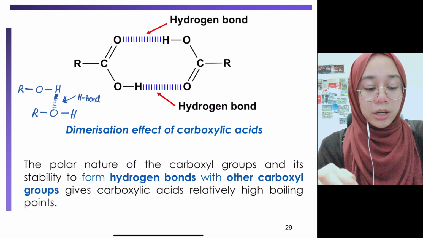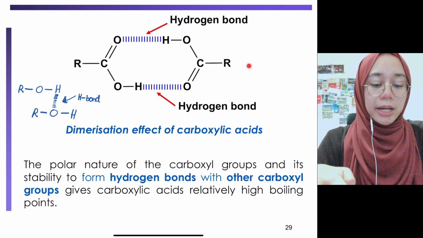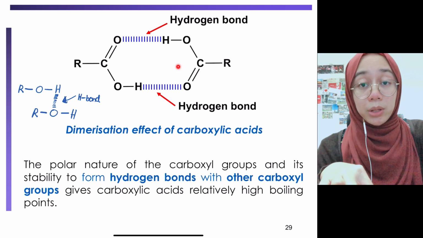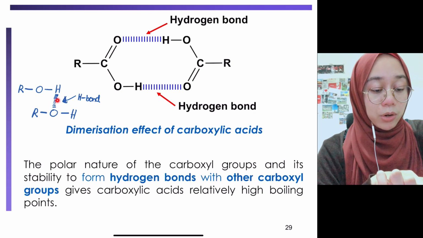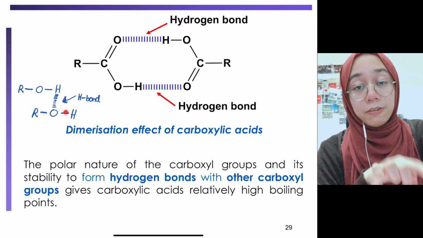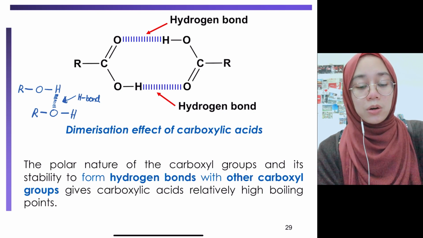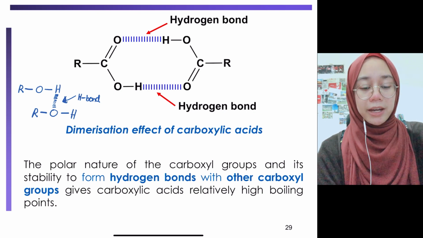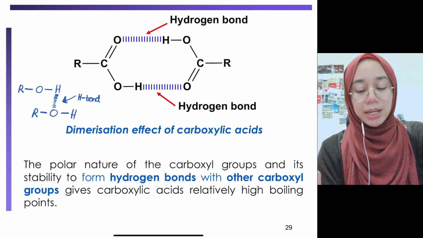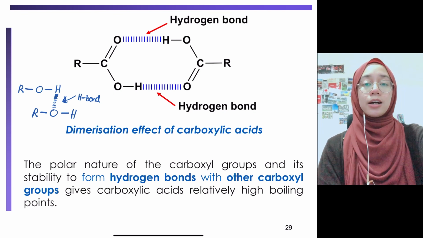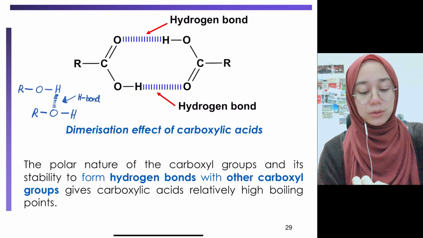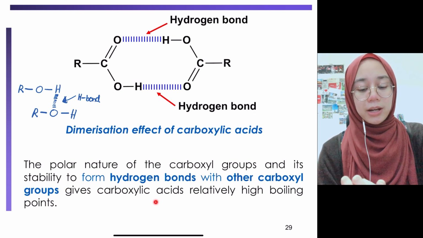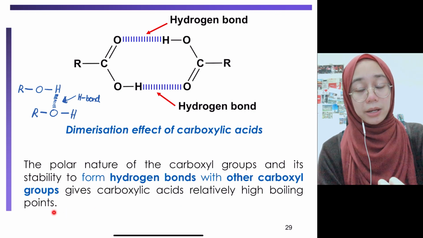Compared to carboxylic acid, boleh form dua hydrogen bonds between two molecules of carboxylic acid. Okay, so disebabkan dimerization effect ni, carboxylic acid has a stronger hydrogen bond between them. Okay, so the polar nature of the carboxyl groups and its ability to form hydrogen bonds with other carboxyl groups give the carboxylic acid a relatively high boiling point.